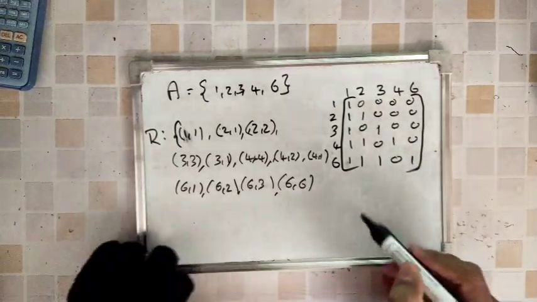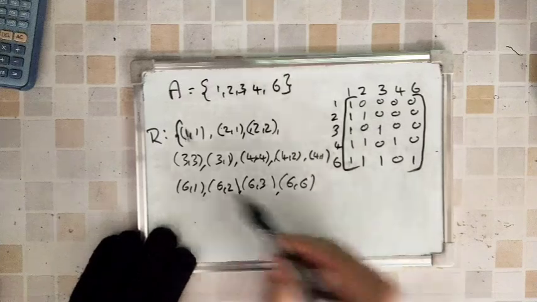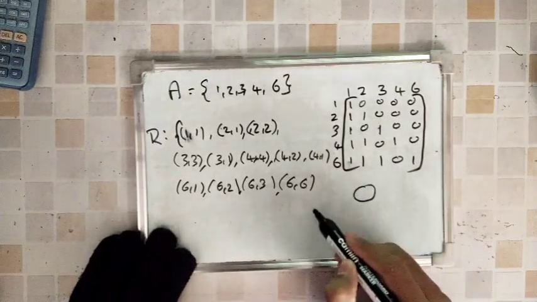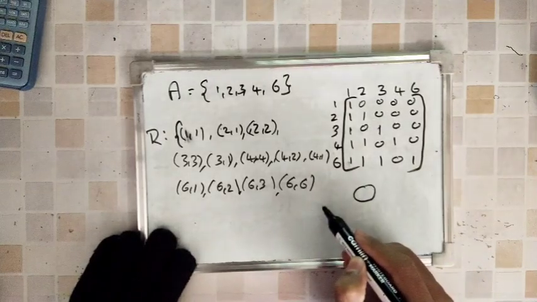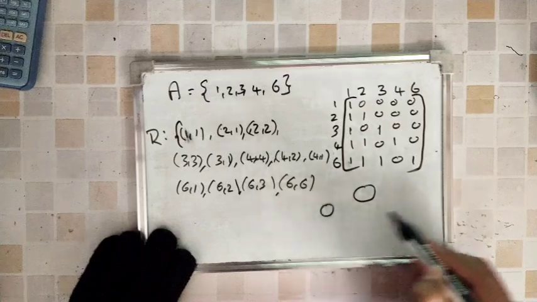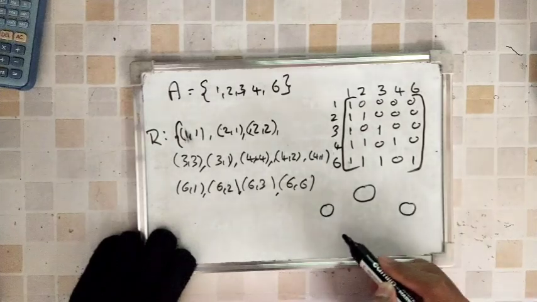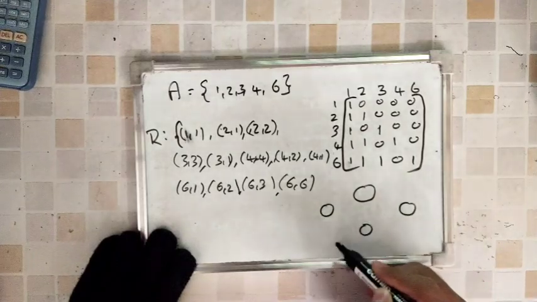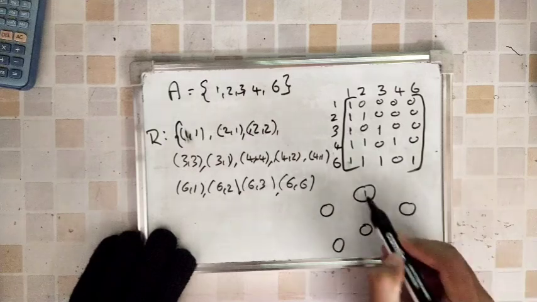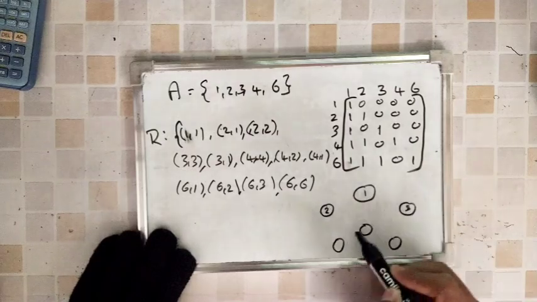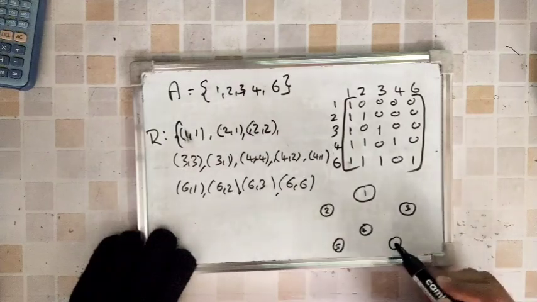How will I do the digraph? 5 elements are there, right? So 1, 2, 3, 4, 6.